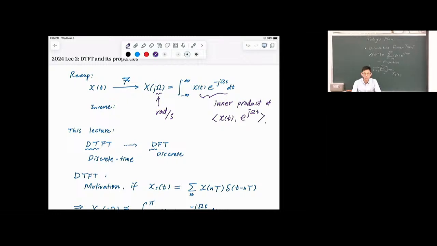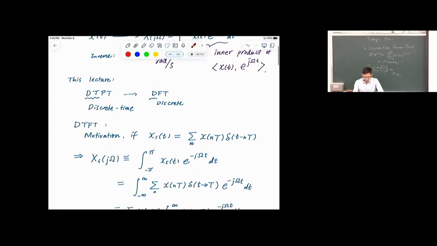So this integral gives us the inner product between our signal of interest, the signal that we are interested in looking at, and then by inner product, we project the signal from time domain to frequency domain. So that's the idea for continuous time Fourier transform. And so far, so good? Yeah? And in this lecture, as I said, we will introduce DTFT, discrete time Fourier transform.